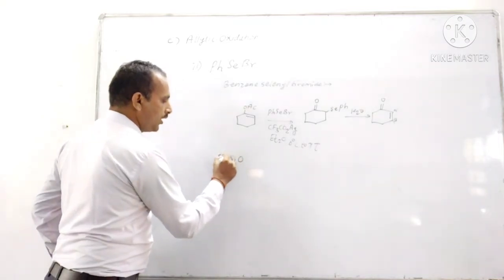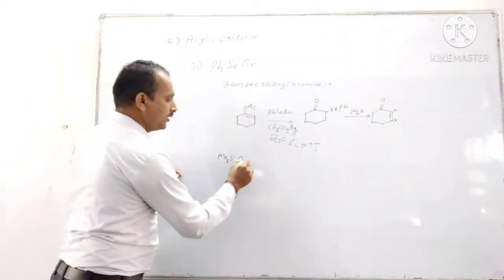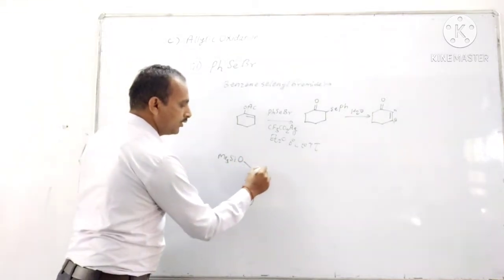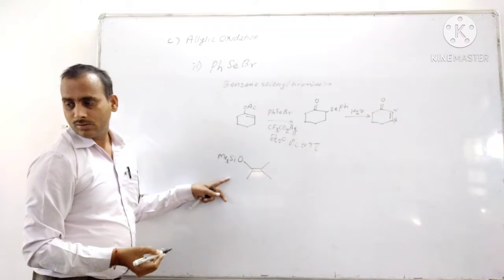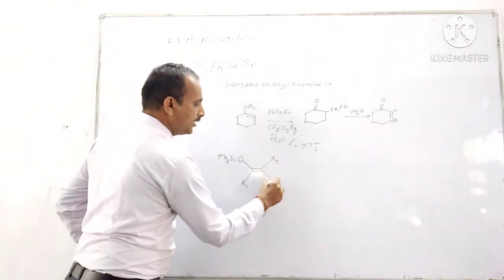Okay, another example, OSi trimethyl silane double bond R1 R2 R3.